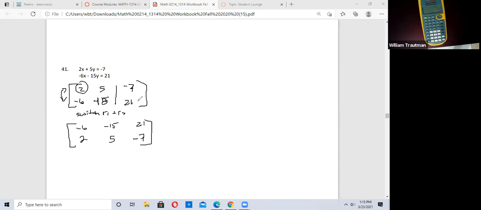It doesn't matter because I need to turn this into a negative. I need to turn that into a 1. And so I'm going to change my row 1. I'm going to create a new row 1. And in order to change this -6 in row 1 into a 1, I have to divide it by -6.